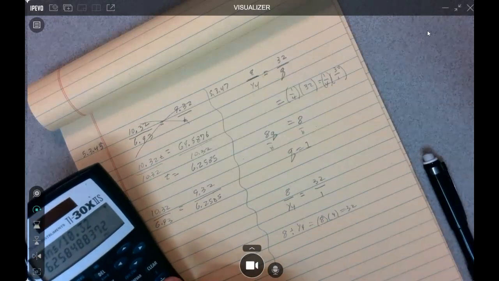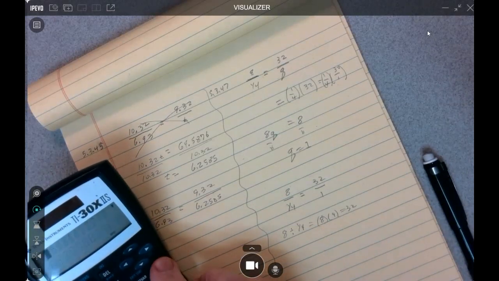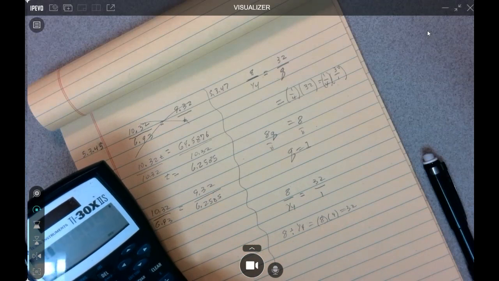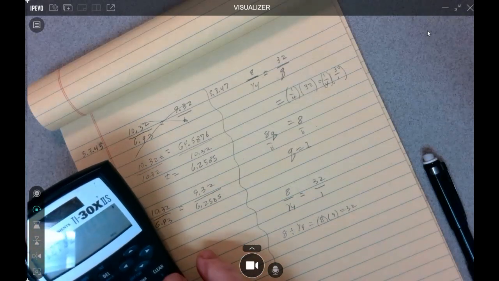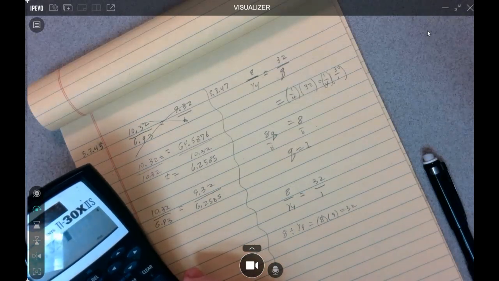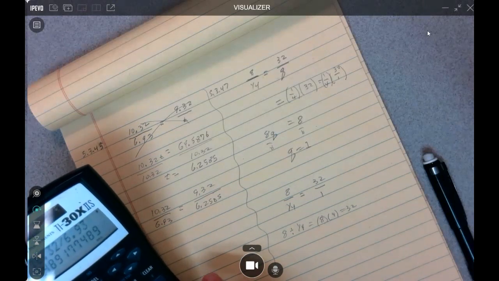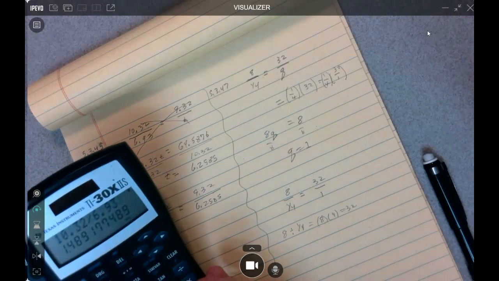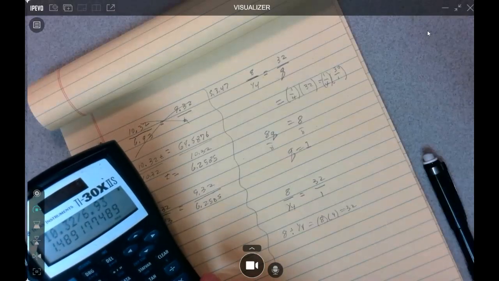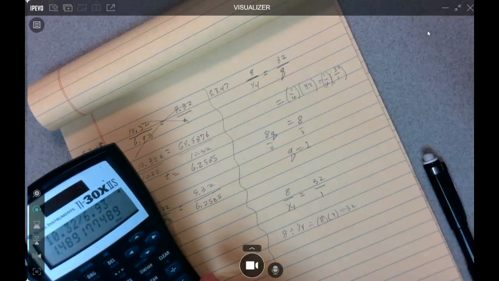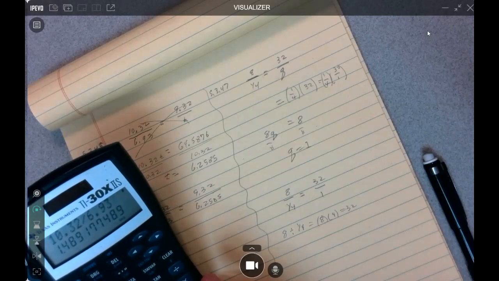So let's say 10.32 divided by 6.93 gives me, oh wow, look, 1.489177489. Okay, so can you remember that?